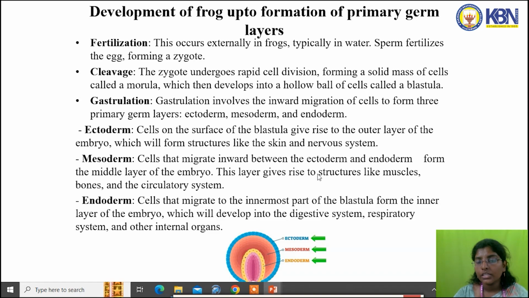This layer gives rise to structures like muscles, bones, and the circulatory system. And in endoderm, the cells migrate into the innermost part of the blastula. The endoderm develops into the digestive system, respiratory system, and the internal organs.